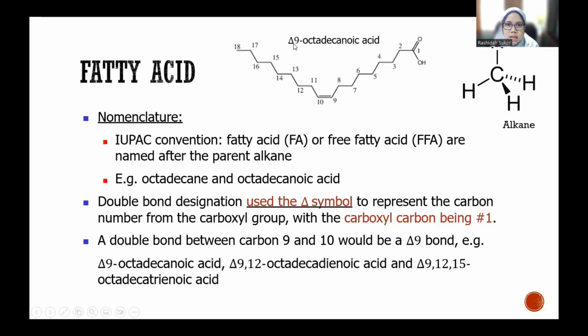If it says delta 9 octadecanoic acid, delta is the triangle. It starts from carbon number 1, the carbon of the COOH. So counting 1, 2, 3, 4, 5, 6, 7, 8, 9, delta 9 means that the location of the double bond is at carbon number 9.